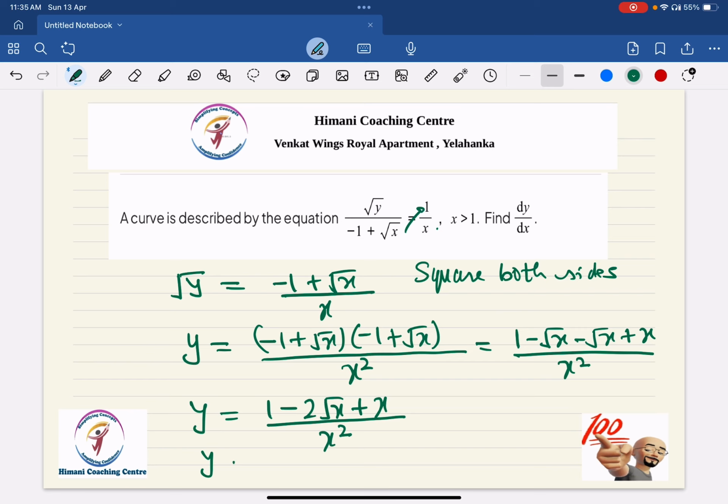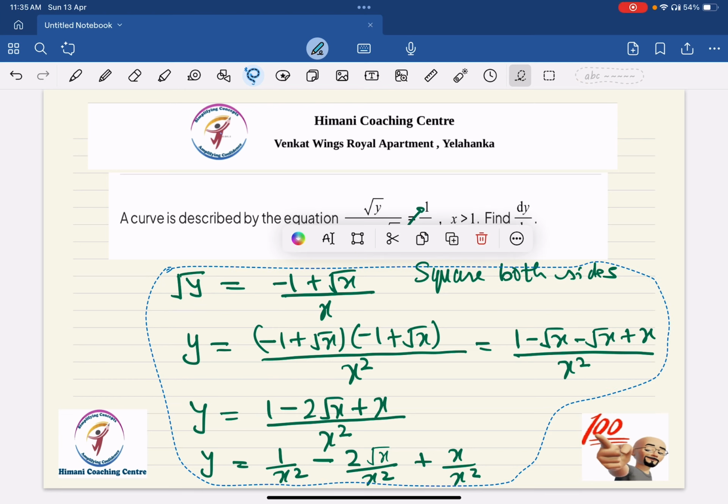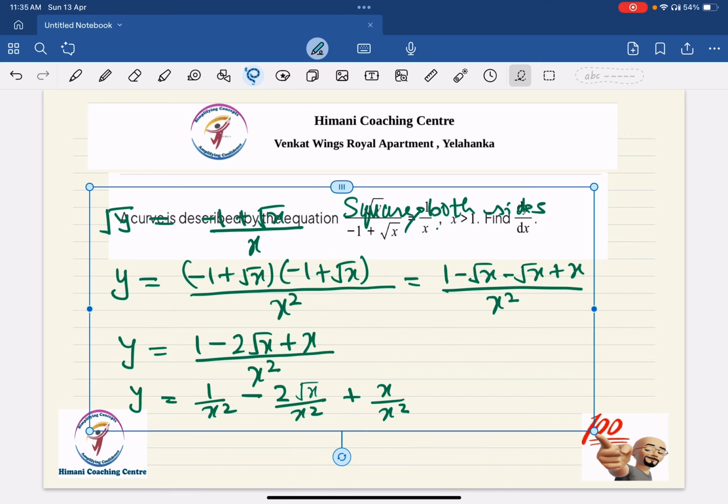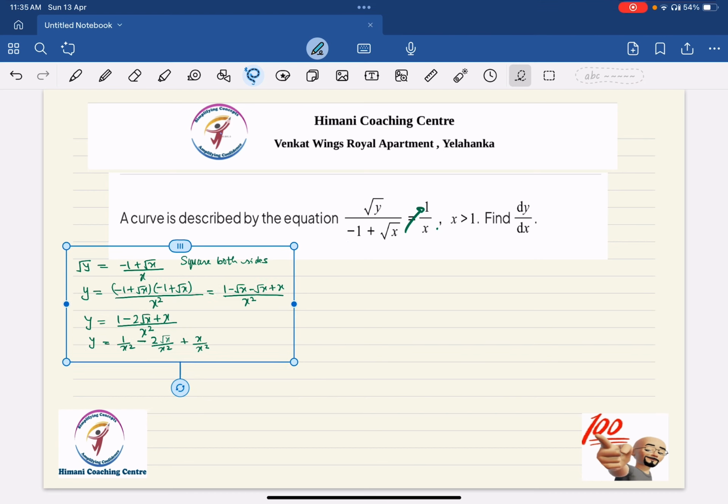So I can write this as y equals 1 over x square minus 2 root x over x square plus x over x square. So now with this, let me just try minimizing it here and try to solve it here only.